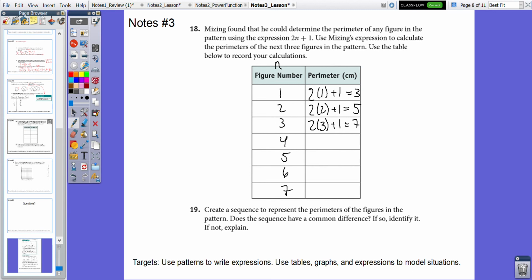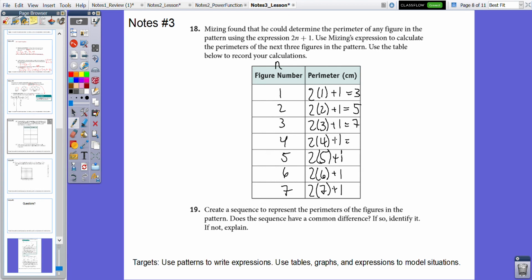So that would be 2 times 4 plus 1, 2 times 5 plus 1, 2 times 6 plus 1, and 2 times 7 plus 1. And what we should find is that it follows a pattern here.